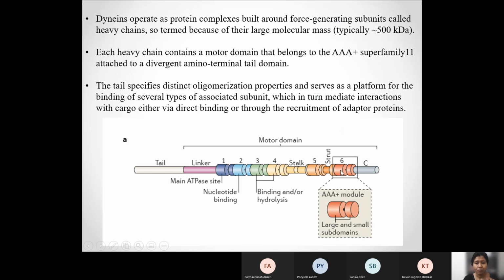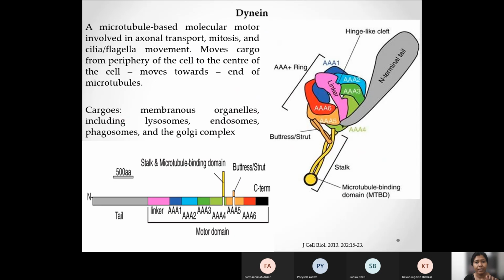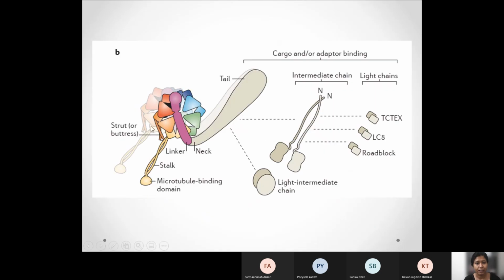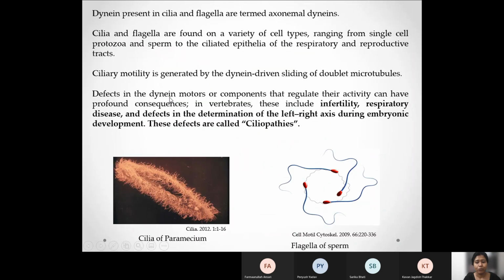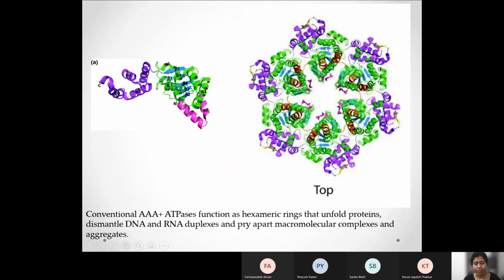Each of them comes together to form a ring-like structure, as you can see here. This is essentially equivalent to this. So if this is equivalent to it, each of these subdomains in dynein would have an associated ATPase function, because it takes the whole idea of this AAA ATPase and converts it into a dynein ring structure, right?